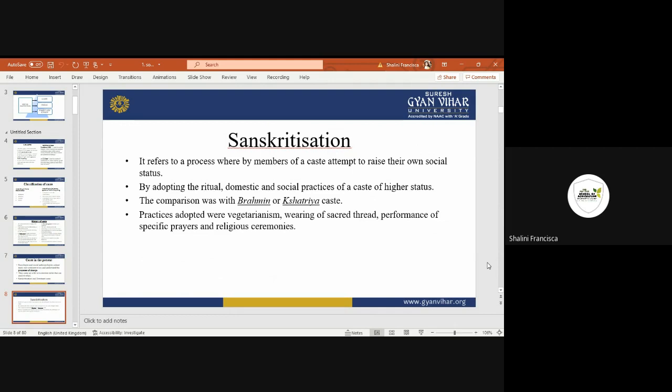The common practices adopted from these two major castes, the Brahmins and the Kshatriyas, were vegetarianism, not going on to the killing of any life; wearing of the sacred thread that most of the Brahmins wear; and performance of specific prayers for a specific occasion.